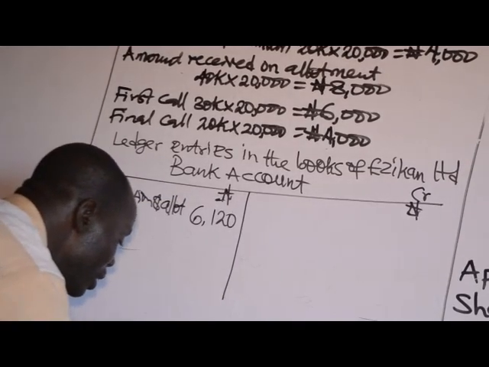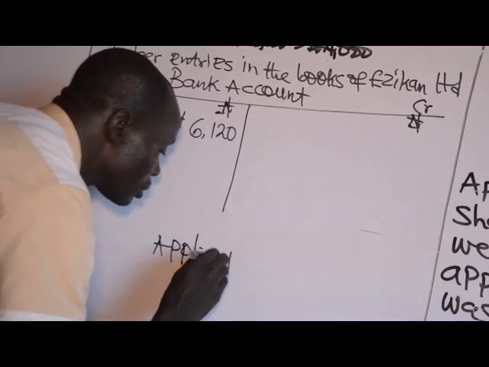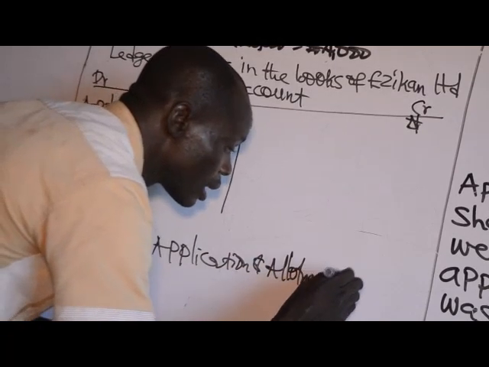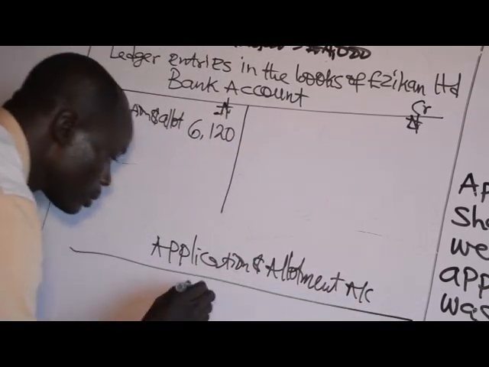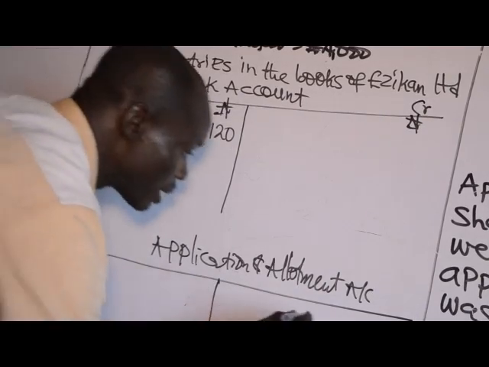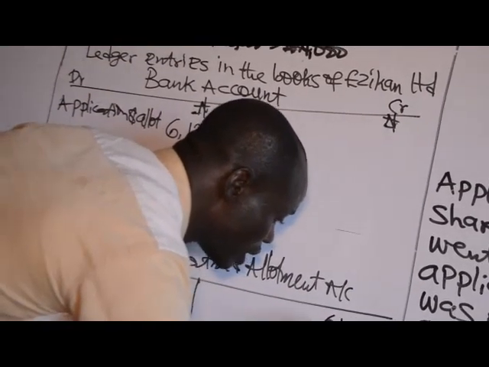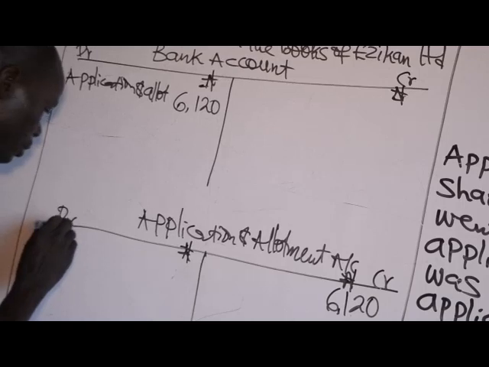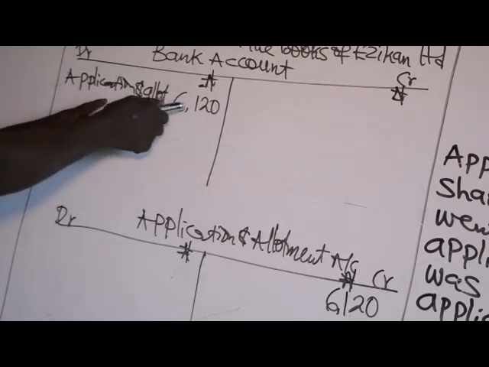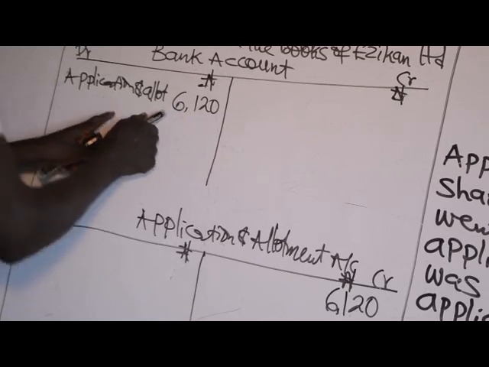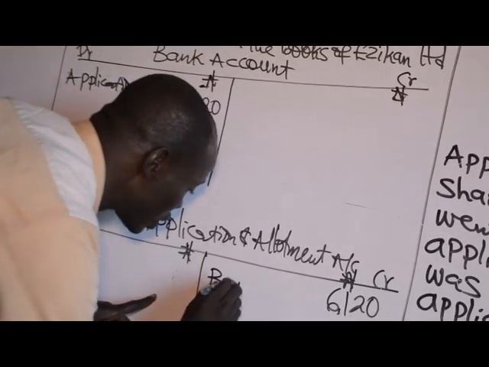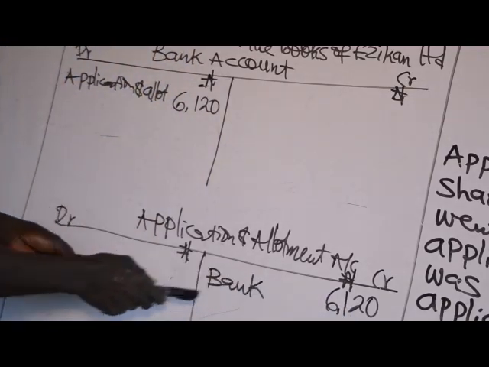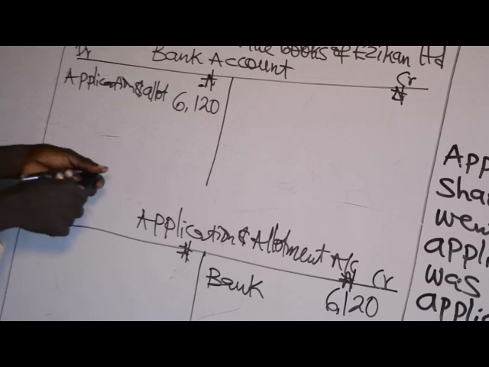So we open the application and allotment account, and we credit it with the same amount, which is 6,120. We've debited the bank account and credited application and allotment account. So we put bank as our narration.